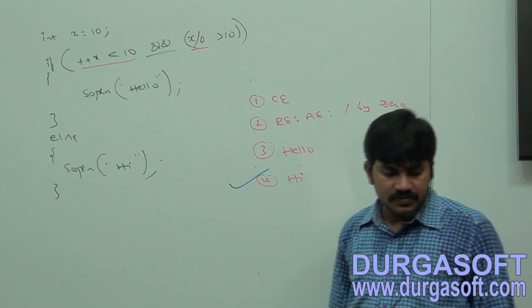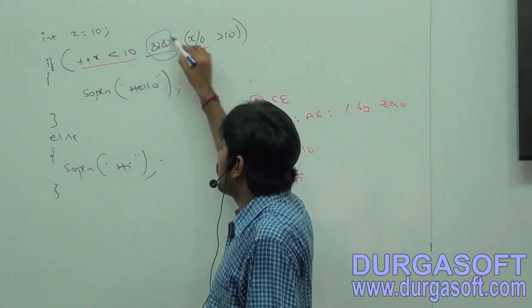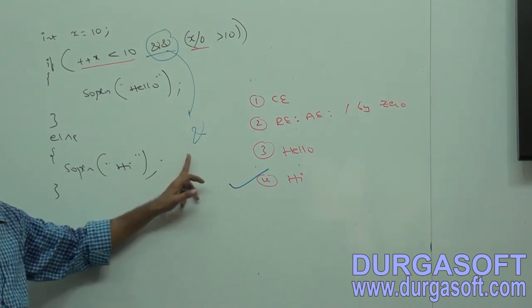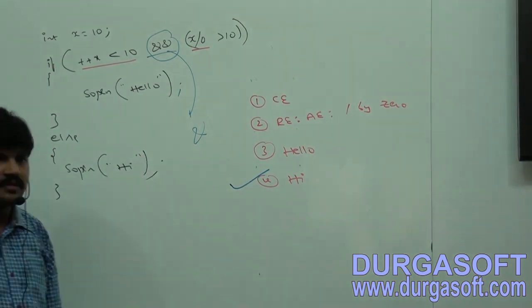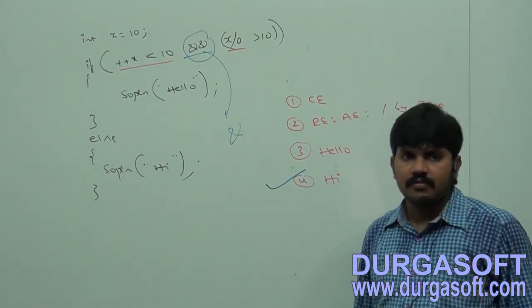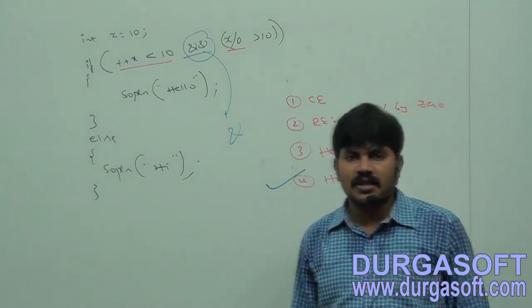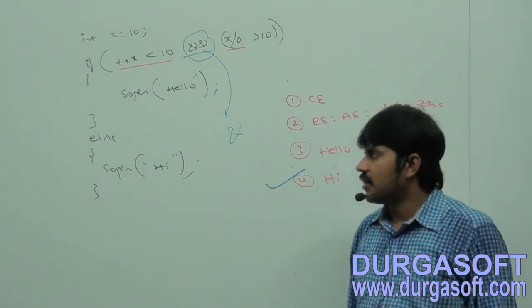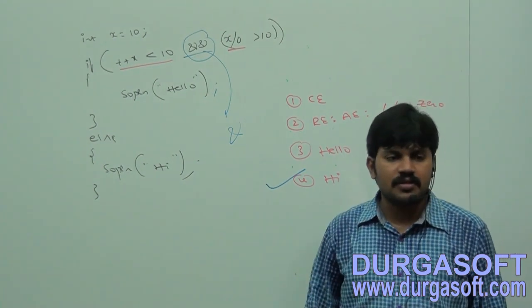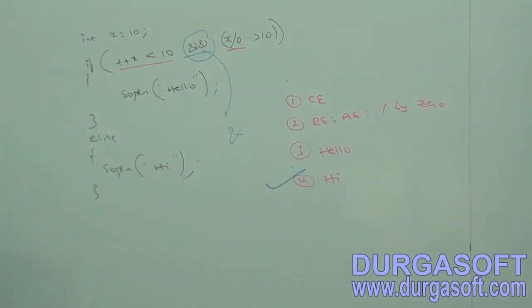If we replace the double and symbol with a single and, then we will get a runtime exception saying arithmetic exception, division by 0.